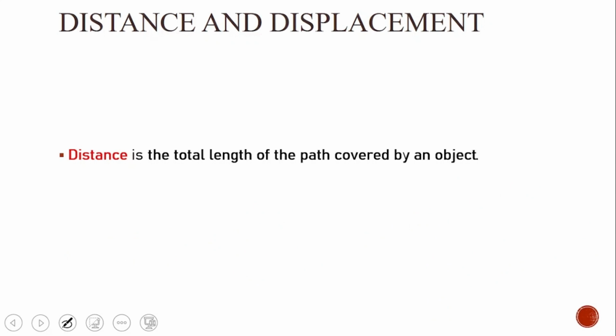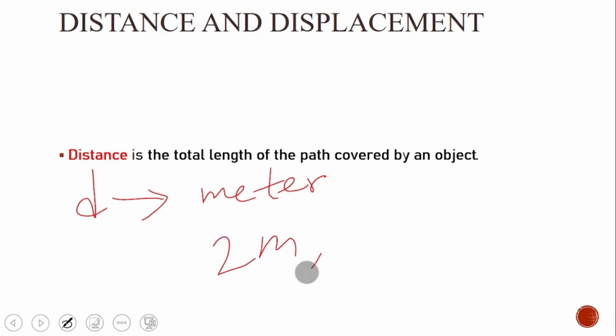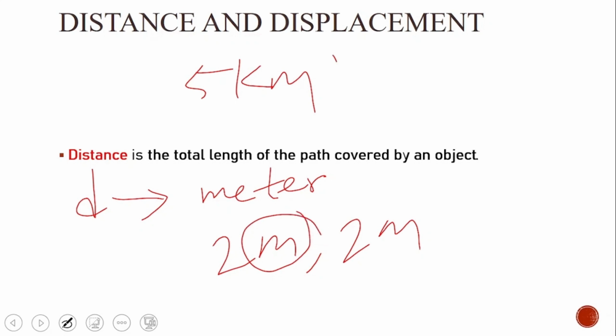I have mentioned the unit of distance is meter. When we measure length or distance, we say 2 meter, we say 3 meter, or for greater distance, we say 5 kilometer. Here, meter and kilometer are units of distance, right? But meter is the standard international unit.